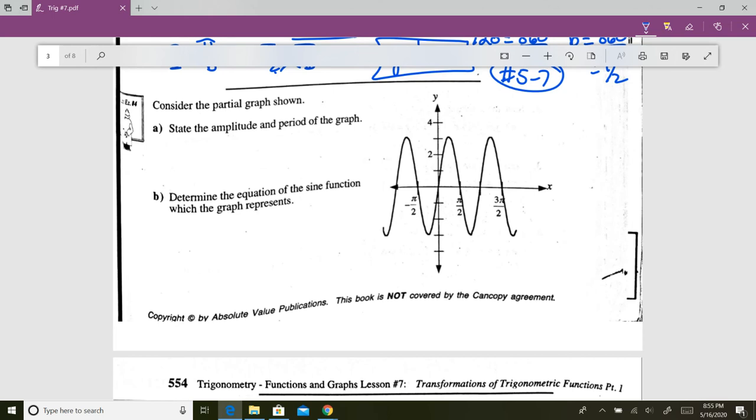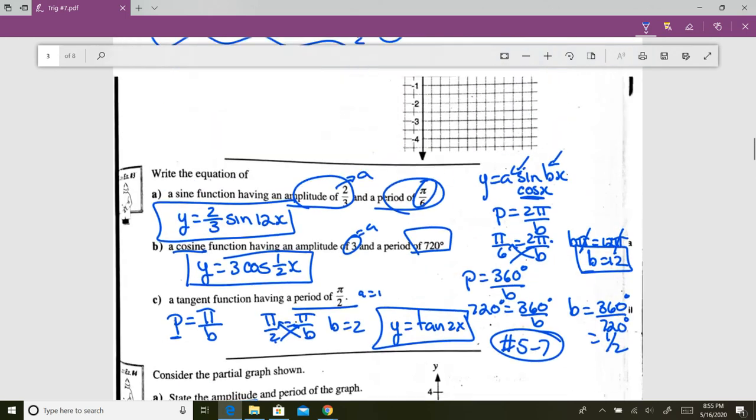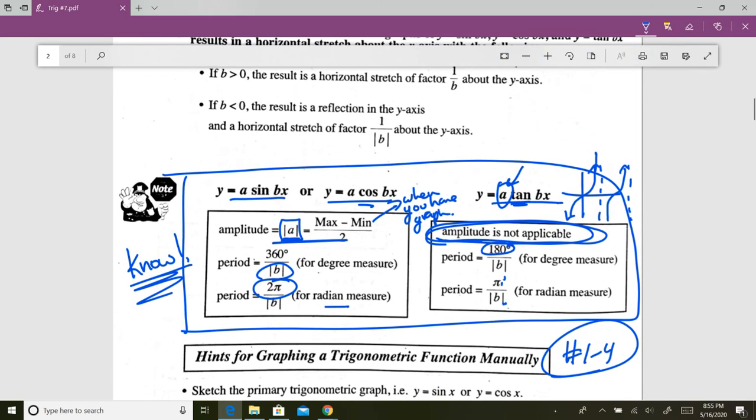Okay, so here's our graph. It's either a sine or a cosine graph. They're gonna say it's a sine graph. You'll see later on you can do sine or cosine. That's the next lesson. But they're going to tell us right now what to do it in. So from a graph, that's the formula. A is equal to max minus min divided by 2.